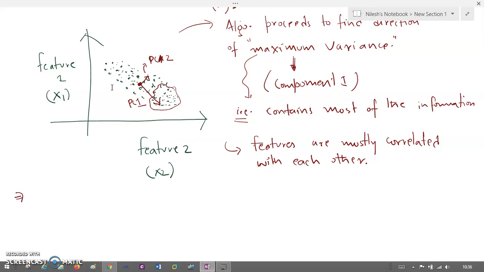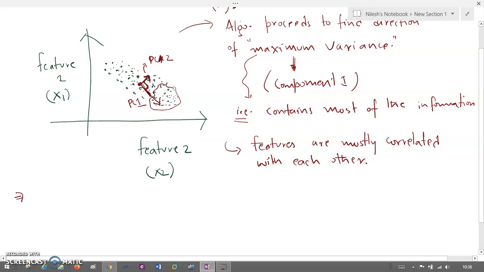The direction is going to be orthogonal. Okay, when I say orthogonal, it means right angle. So it is going to be at a right angle with respect to the first arrow, and you can see over here that this data is the next maximum variance, and it is completely at a right angle to the first principal component. Okay, this is the second step of the algorithm.